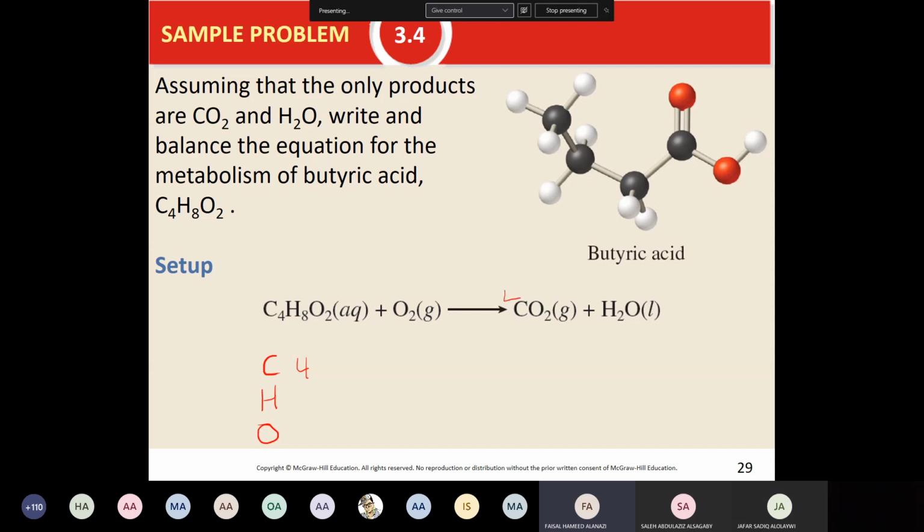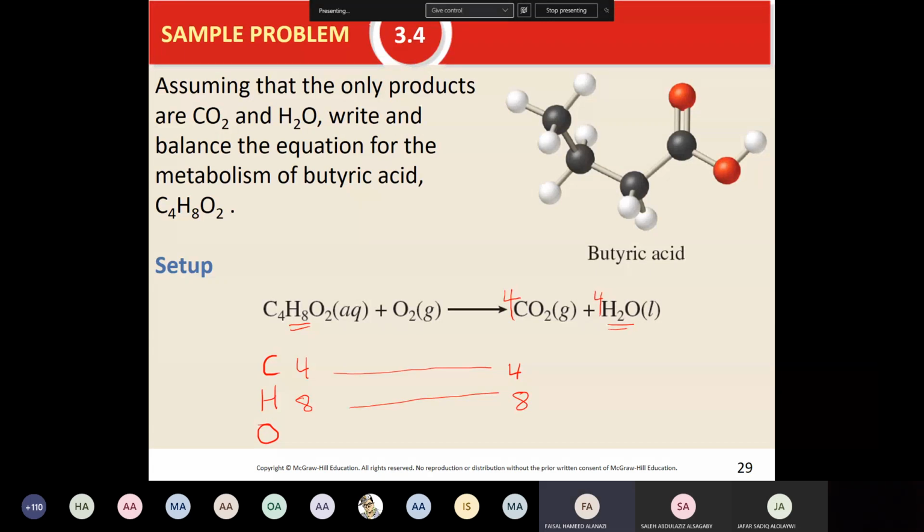We should multiply by 4. Exactly. Now the carbon in the product is also 4. Very good. How about hydrogen? We have 8, so we should multiply by 4. 8 here, and we have only 2 here. I will multiply this by 4. This means 8 hydrogen. Very good.